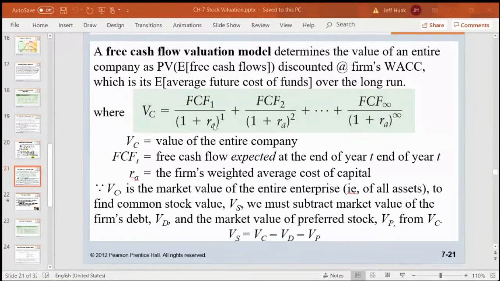The tree is the company, right? And free cash flow is the fruit borne by these trees. And think about it. The tree consists of common stock, preferred stock, and bond, the debt. The tree consists of these three components. The tree bears fruit.